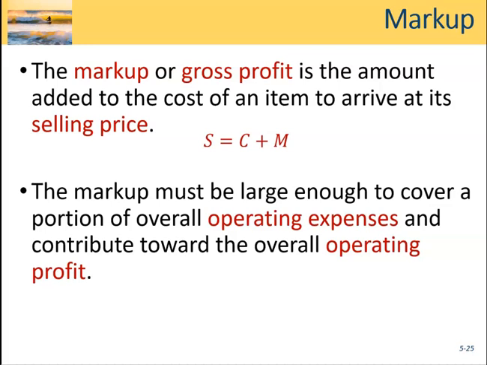So if you remember back to accounting, on our income statement, we've got revenue minus expenses equals net income. So we need to cover all of our expenses, and we want a profit. So that net income, we need income at the end, otherwise we won't be in business.